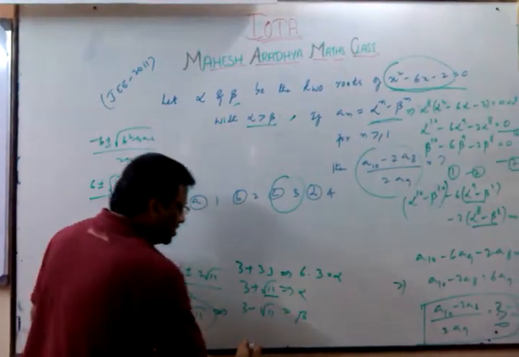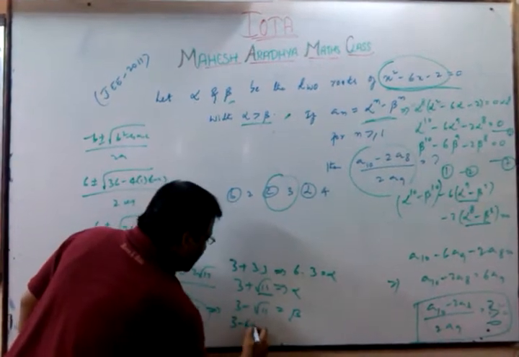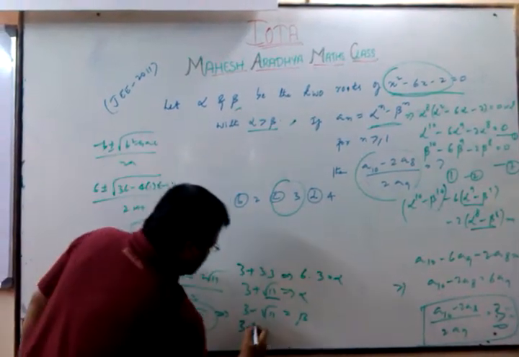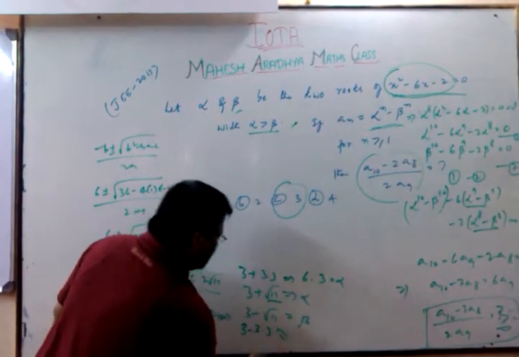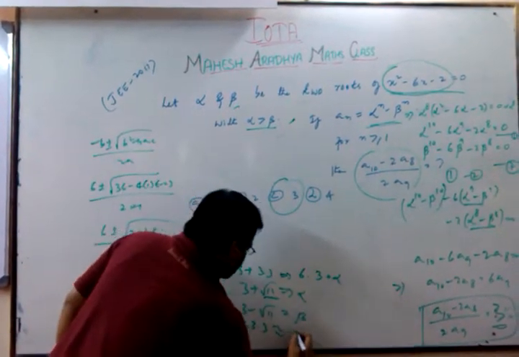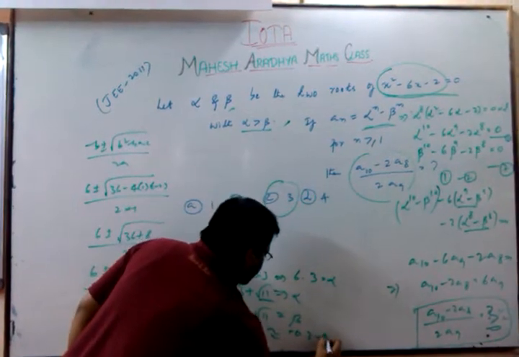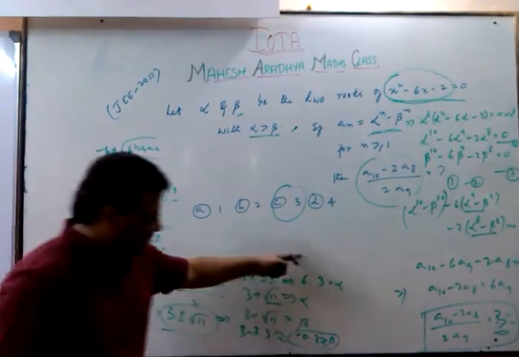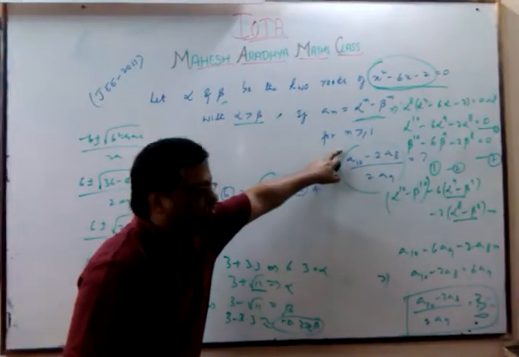Similarly, beta will be 3 minus 3.3, which gives the approximate value of beta as minus 0.3. Take these approximate values of alpha and beta and apply them straight away here.